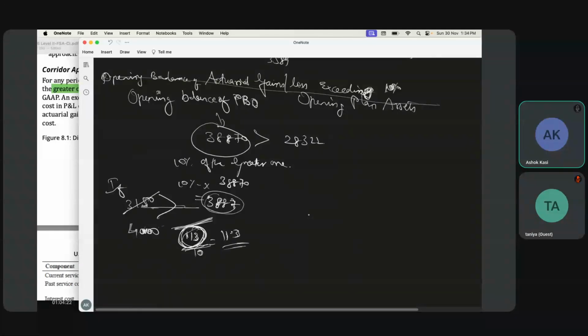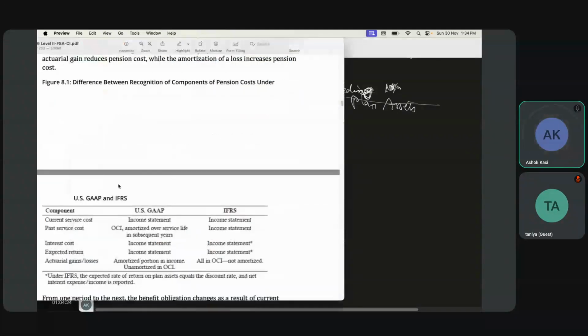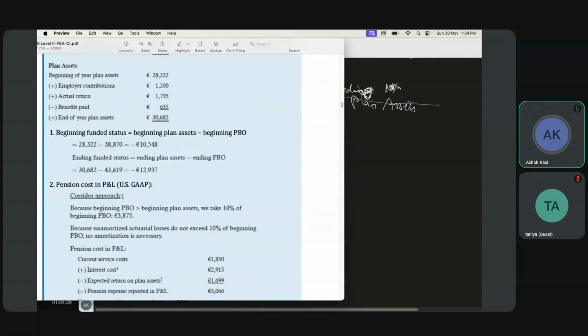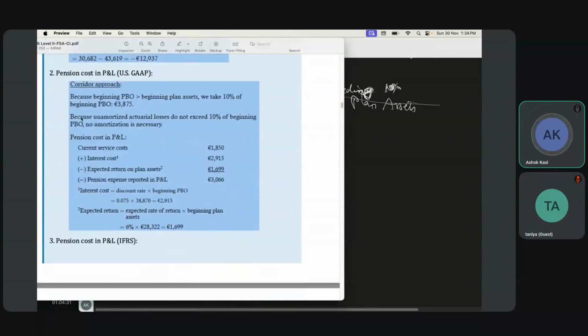In our case, we don't have any such thing. Here it is given, no amortization is necessary. Sir, at what rate will we amortize?